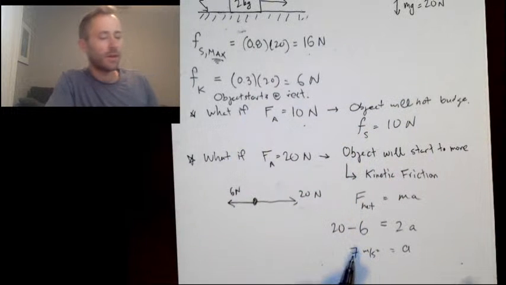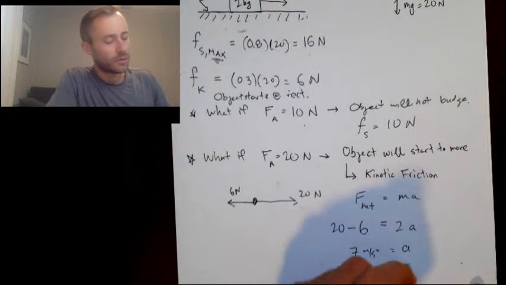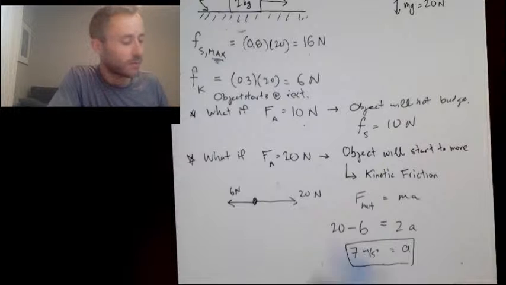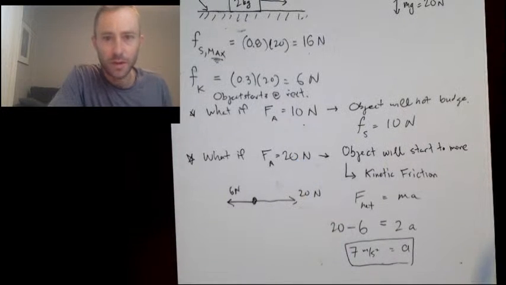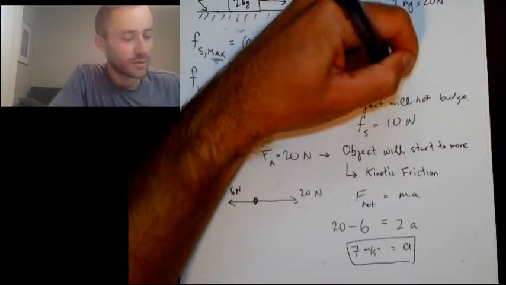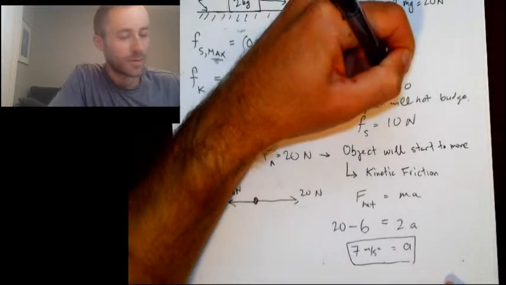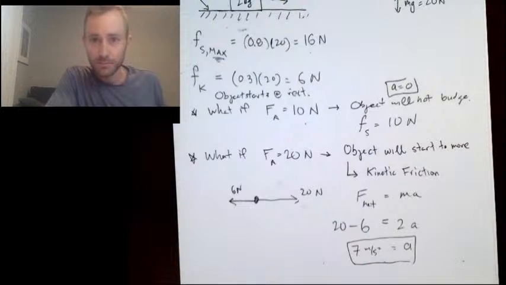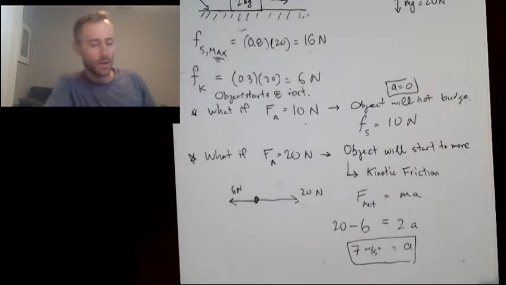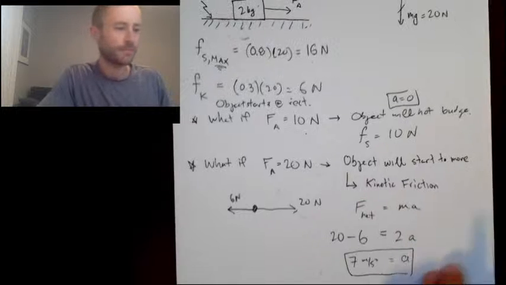So the acceleration is going to be 7 meters per second squared to the right if you apply 20 newtons of force. If you apply only 10 newtons of force, the acceleration is going to be 0 because it didn't budge, and the friction force is going to be 10 newtons. So that's how friction works.